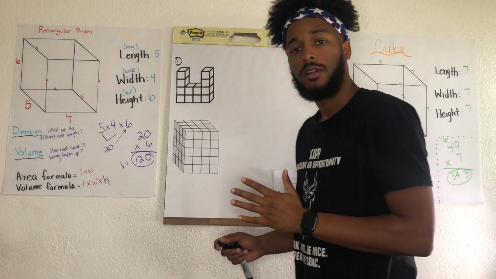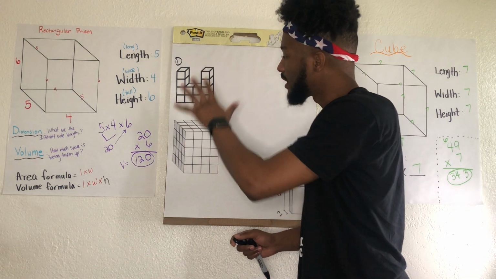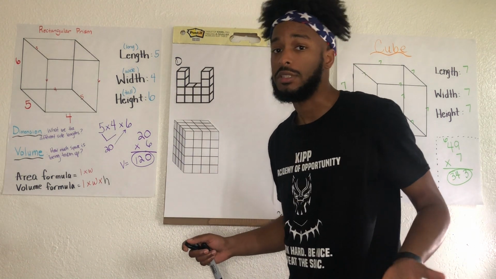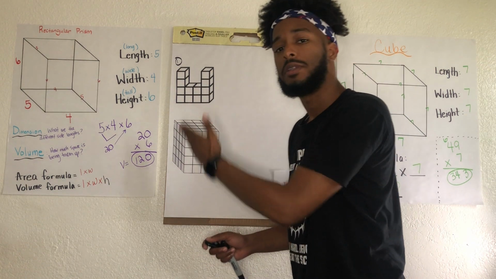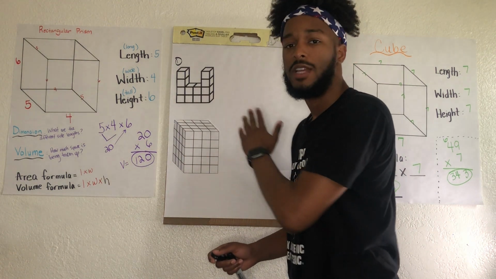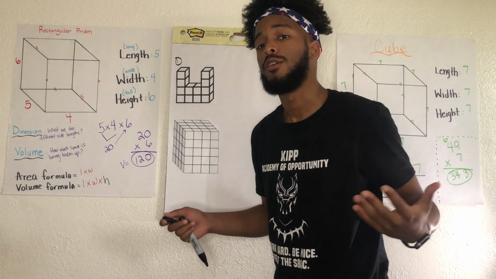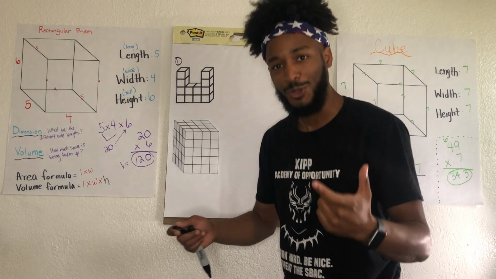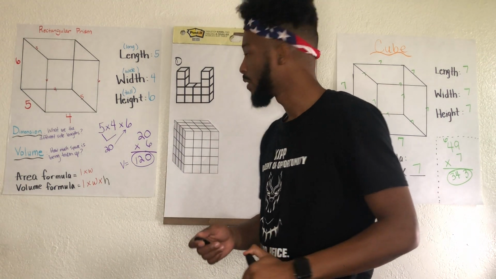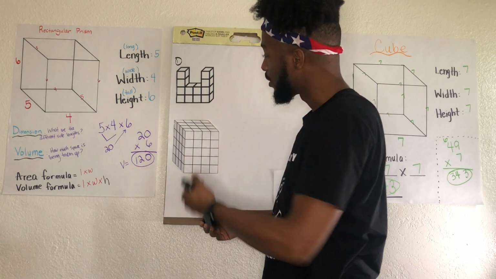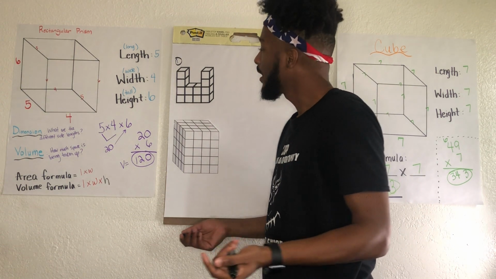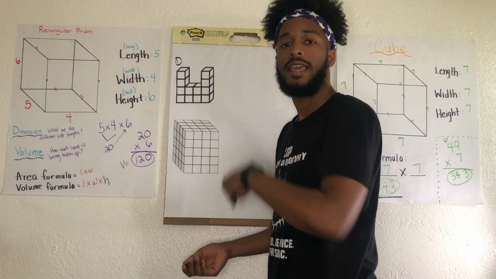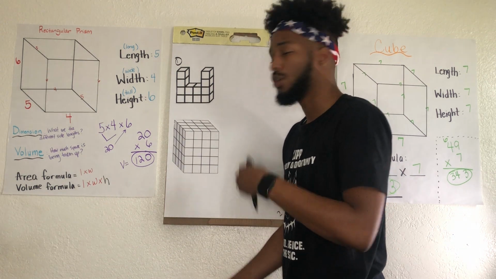So looking here, the shape is not necessarily a cube or a rectangular prism, right? So we wouldn't be able to easily just use length times width times height to find the volume using that formula. So looking at the figure, I can easily just go in and count how many cubic units there are.